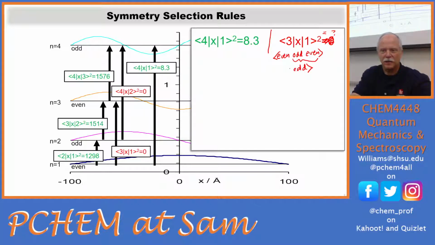And you still put it in the angle brackets. And we have the even function number 3 times the odd. And when we multiply those two, we get an odd function. And now we have the integral over all space of an odd function, and that is equal to 0. So not allowed.